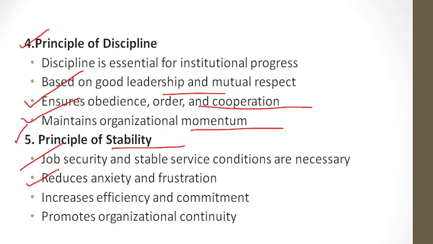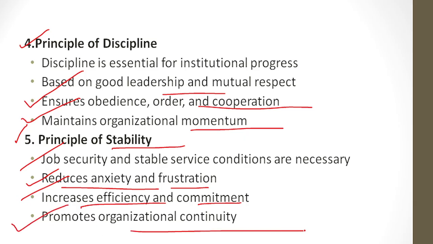Then only will they work well. It will increase their efficiency and promote organizational continuity. Definitely, if you have a secure job, it reduces anxiety and frustration, and stability increases efficiency and commitment and promotes organizational continuity.